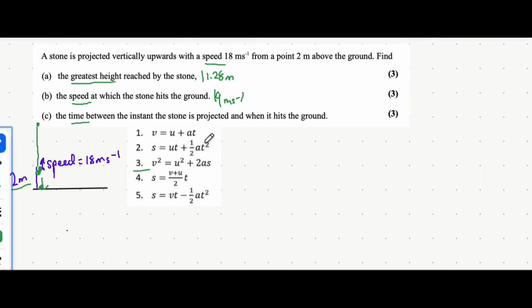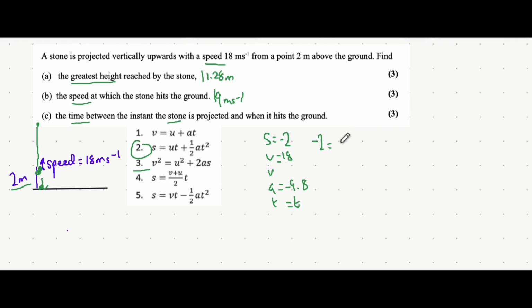Calculate the time between the instant the stone is projected and when it hits the ground. So once again, we use Suvat for the whole journey, like before. The displacement is going to be minus 2 meters for the whole journey. It's starting off against gravity, so acceleration is going to be minus 9.8. We know that it starts off with the speed of 18 meters per second, and we want to find the value of t. This is where we use the equation involving S, U, A, and t, which is the hardest equation to use, s equals ut plus half at squared.